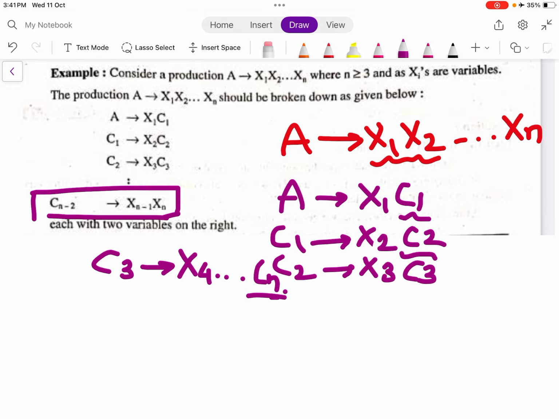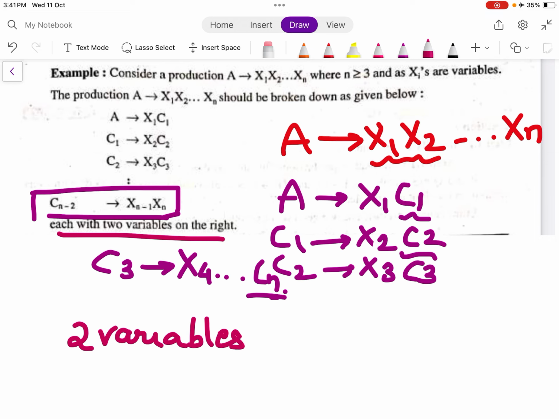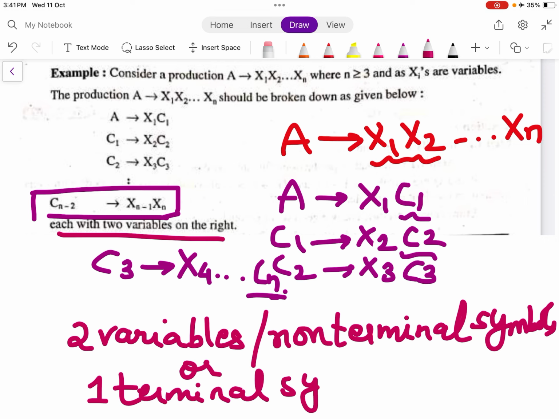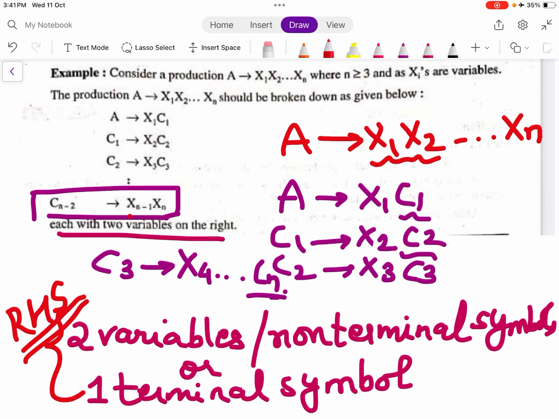So how much you want? You want only two variables, or non-terminal symbols, that is variables are also said as non-terminal symbols, or one terminal symbol is only allowed in the RHS, the right hand side.